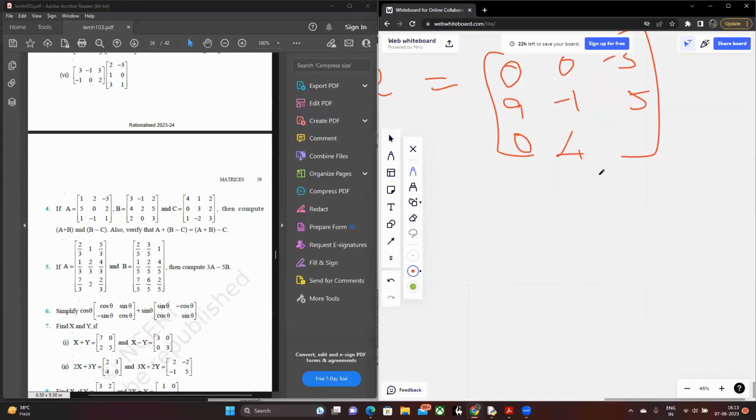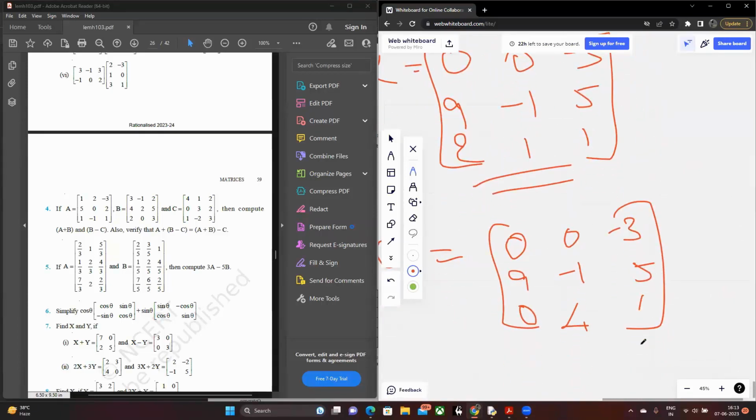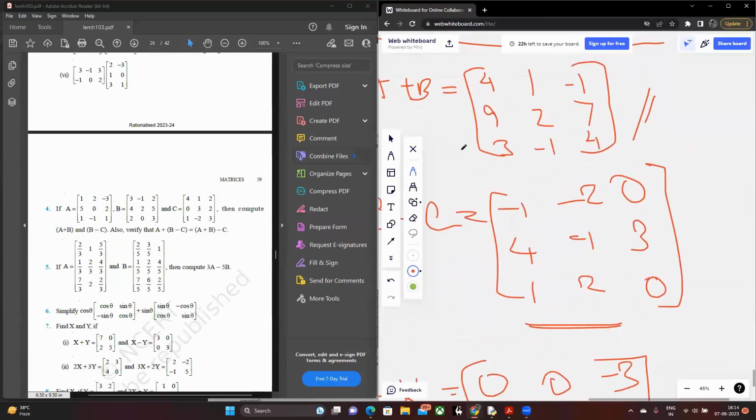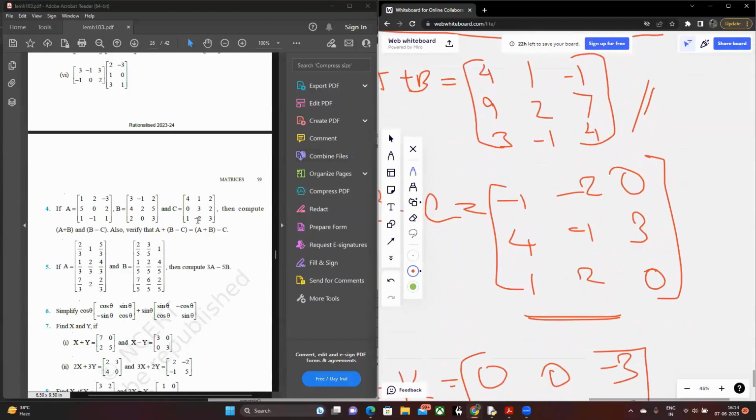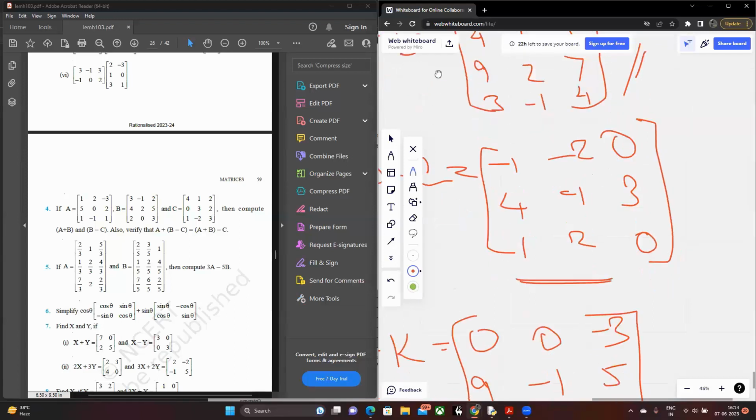0 plus 4 is what? This is minus 2. This is going to be minus 1, right? Oh, this is going to be minus 1. This is going to be minus 2. So it's going to be minus 1 plus 2. That is plus 1. It's not 4. This is plus 1.